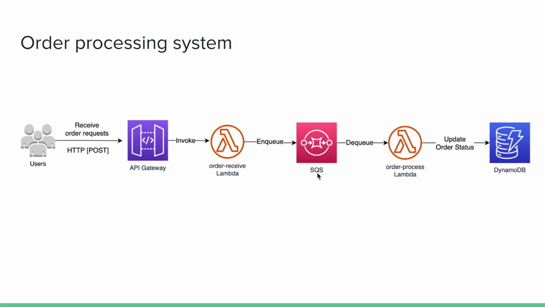So by using this SQS queue, we are decoupling this end, the API gateway and this order receive lambda, from the consumption part of it or the processing part of that order. So why we thought of using SQS queue is basically there'll be a number of steps for processing an order. Maybe it could be first charging the customer.